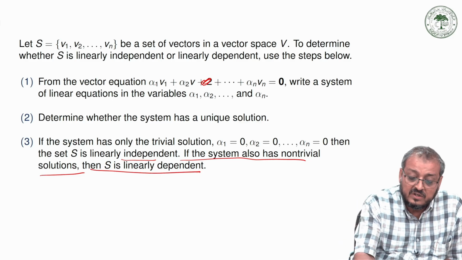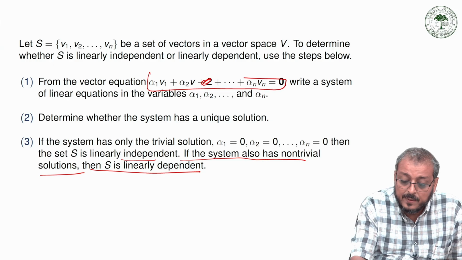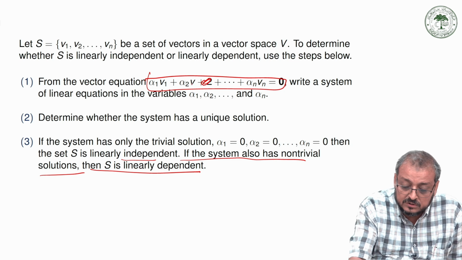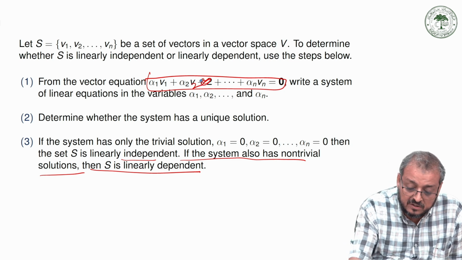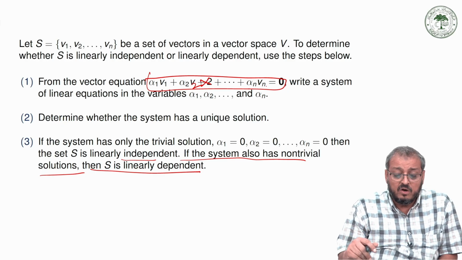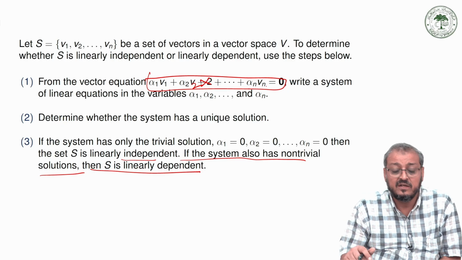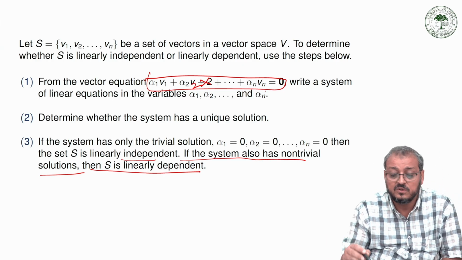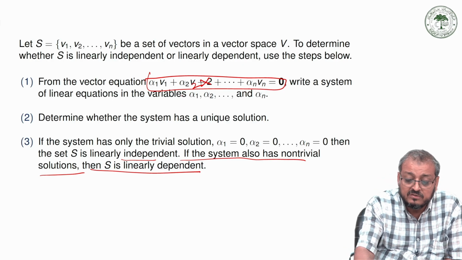Take the equation alpha 1 v1 plus alpha 2 v2 and so on up to alpha n vn equal to 0. We try to solve the system of equations.